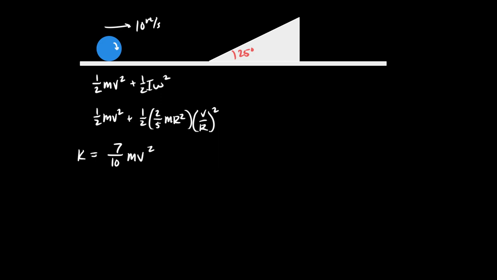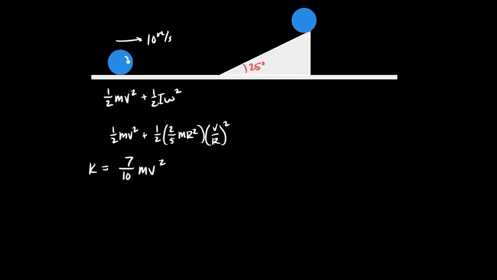Calculate the magnitude of the sphere's velocity just as it leaves the top of the incline. When it makes it to the top of the incline, if the incline has sufficient friction, then some of this kinetic energy is going to be converted to potential energy.